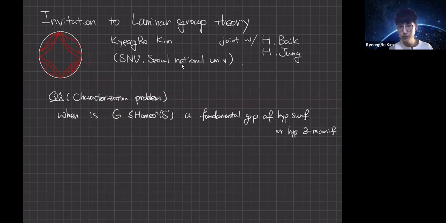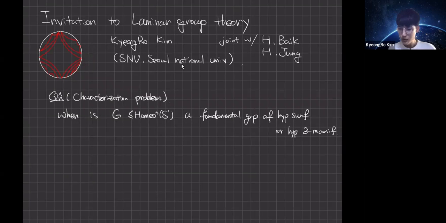So in laminar group theory, we are typically concerned with the characterization of the hyperbolic surface group and hyperbolic three manifold group in the orientation preserving circle homeomorphism group.